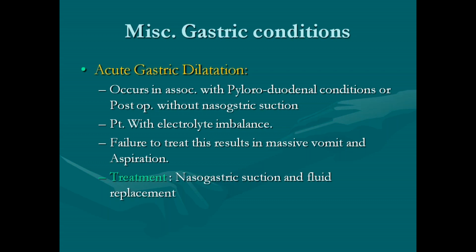So always place a nasogastric tube and provide adequate fluid management. And the last topic, apart from gastric malignancies, is a small note about gastric polyps, which is not mentioned in my notes. Many conditions in the stomach can present with gastric polyps, but these are not always malignant.